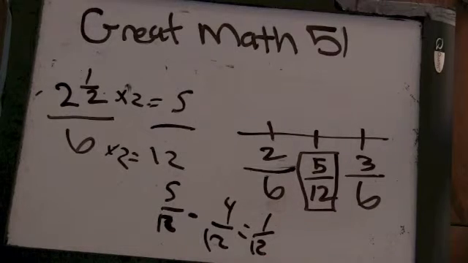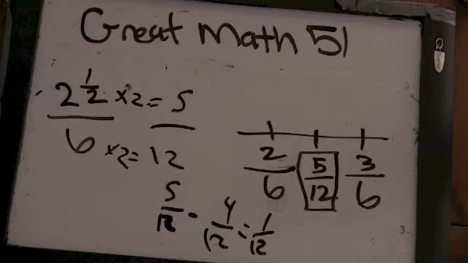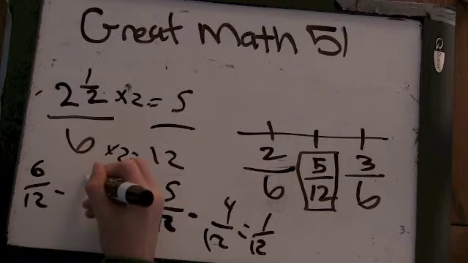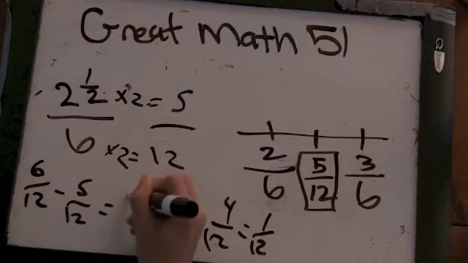And what's 3/6? Well, now you have to do 3/6 minus 5/12. So 3/6 is 6 twelfths, minus 5 twelfths is 1/12.